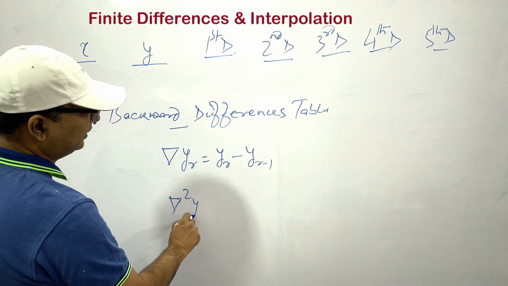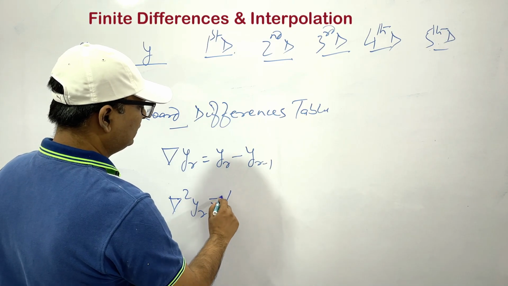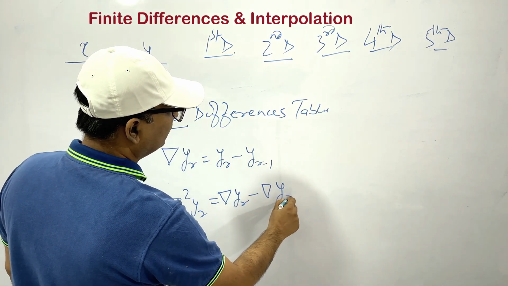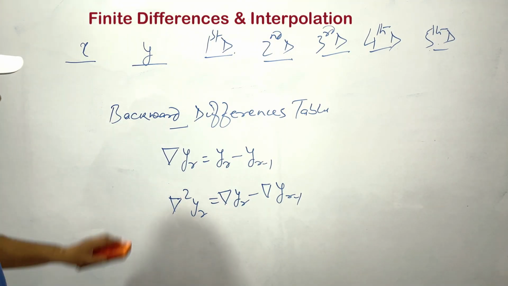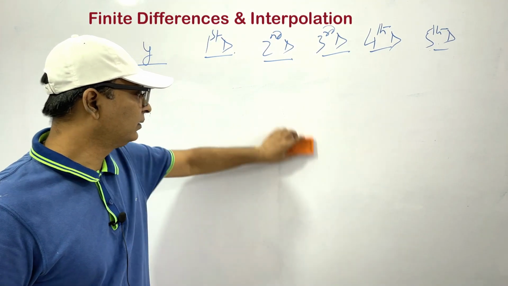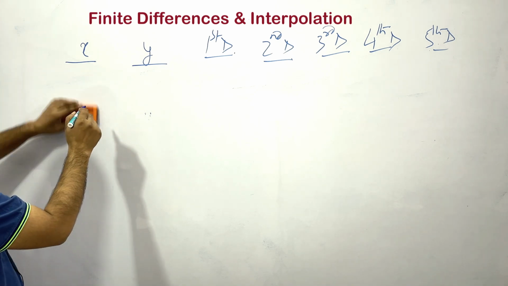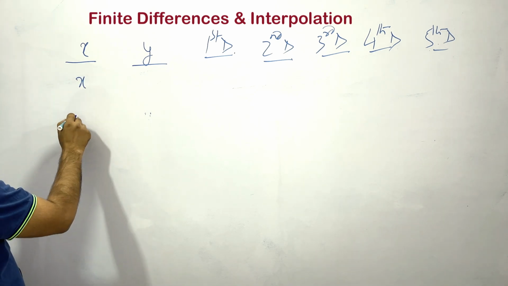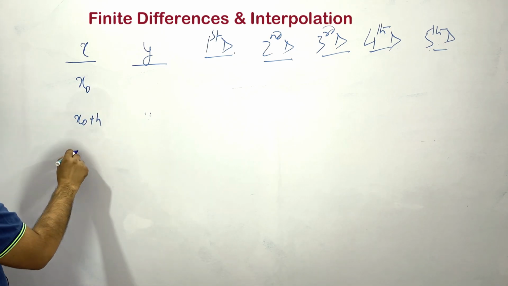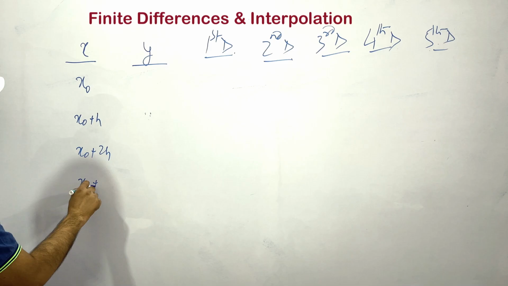If we take the second order operator, this will be del yr minus inverse del y(r-1), and so on. Okay, so our table will be, again, if we have x0, then x0 plus h, x0 plus 2h, x0 plus 3h.